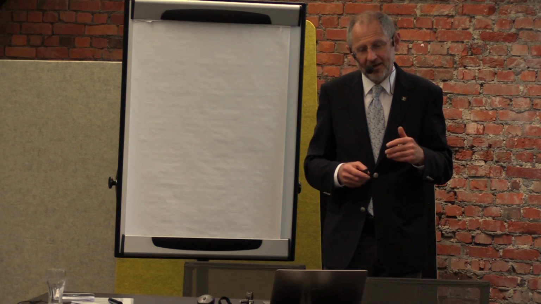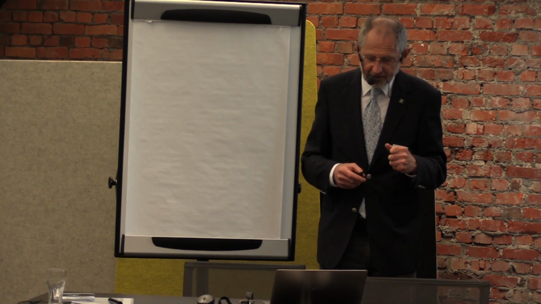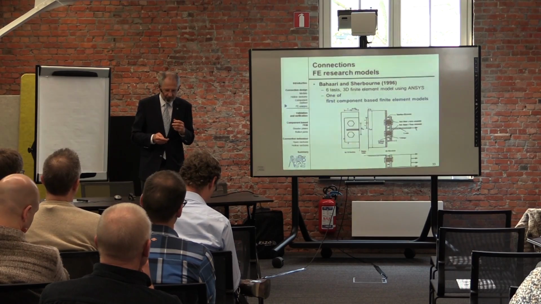Then came another generation of models after, let's say, 10 years, as I am studying this and working in this. Surprisingly, this is the first model which the colleagues, an American model, but they were already thinking how to use it, how to make the bolts. So this was the first component approach for this solution, by Bahari.